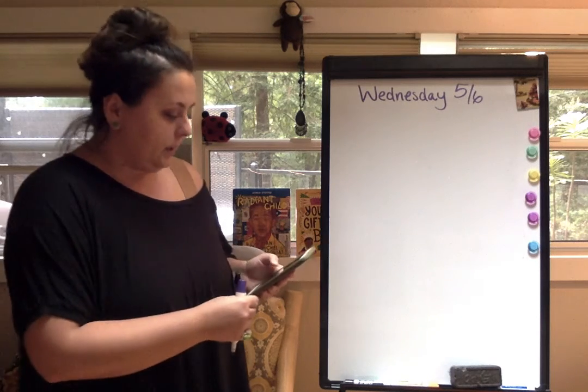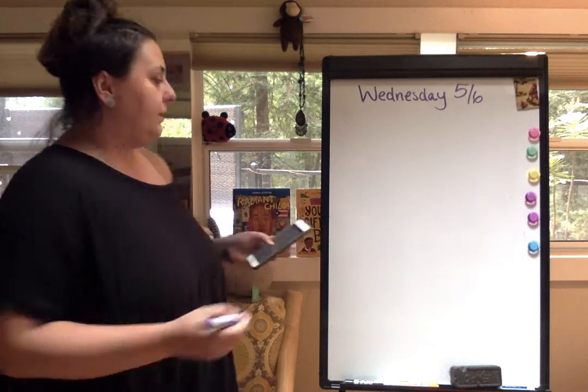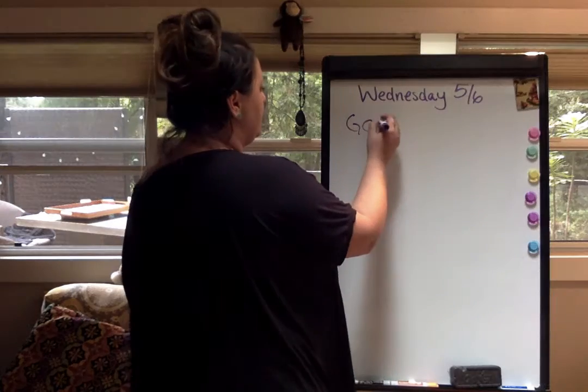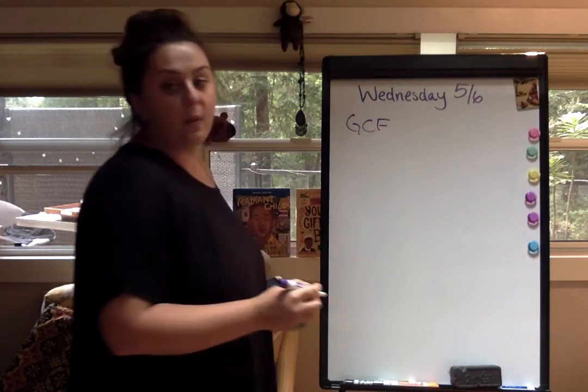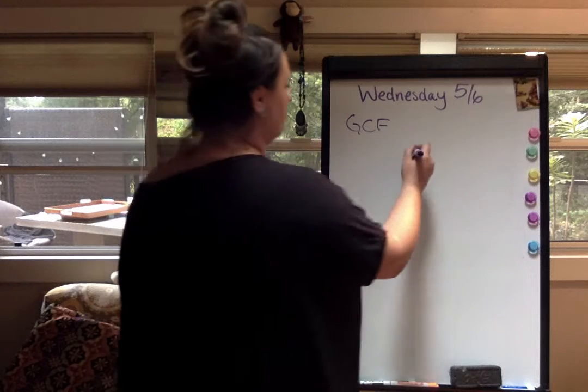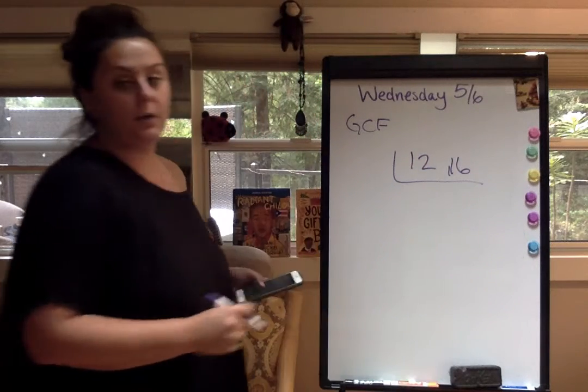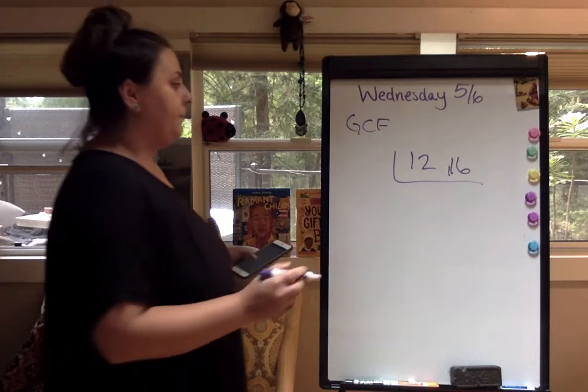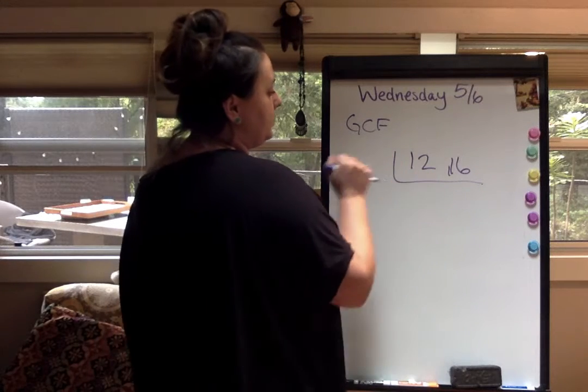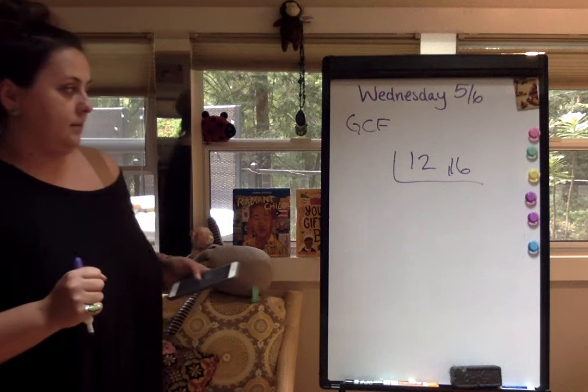Let's go. Again, we're asked to find the greatest common factor, the GCF, of 12 and 16. Go ahead and put that upside down division sign. What's going to go into each of these here?